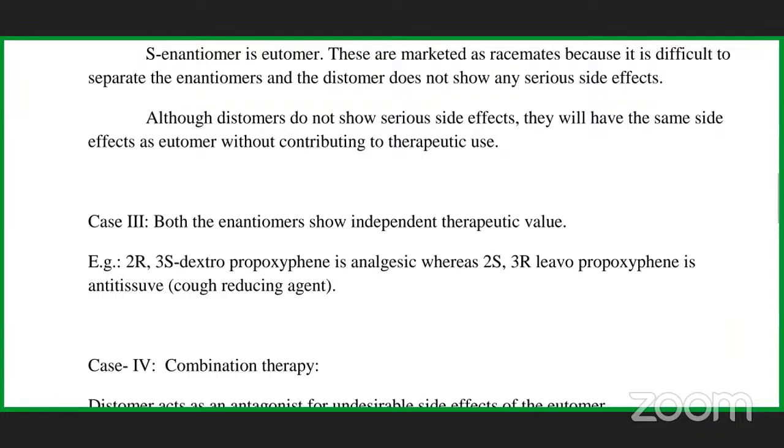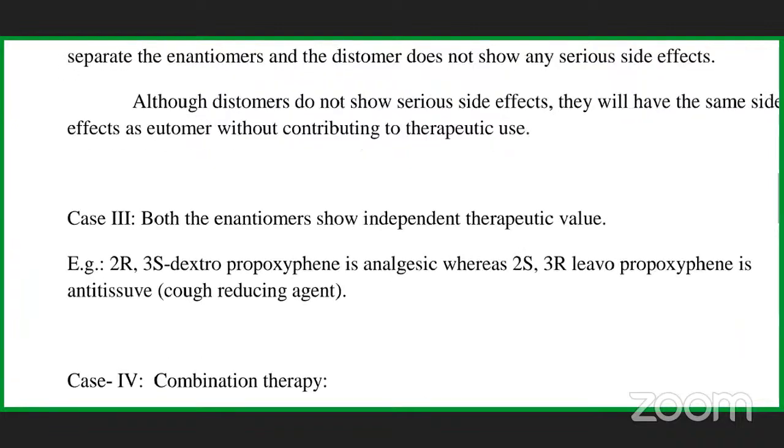It reduces fever and it reduces pain. It acts as a painkiller as well as acting against fever, meaning it has multiple effects, multiple uses. The same kind of thing applies here, where both enantiomers show independent therapeutic values.